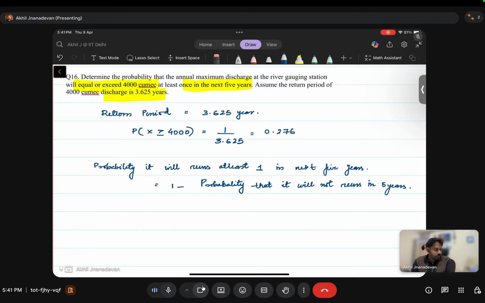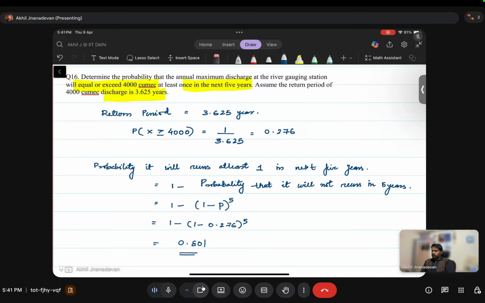All the 5 years it doesn't occur. So that is the negation of this particular probability. The probability of non-occurrence is 1 minus p, and it should not occur in the coming 5 years, so raised to 5. That is (1 minus 0.276) whole raised to 5. This will be coming around 0.801.